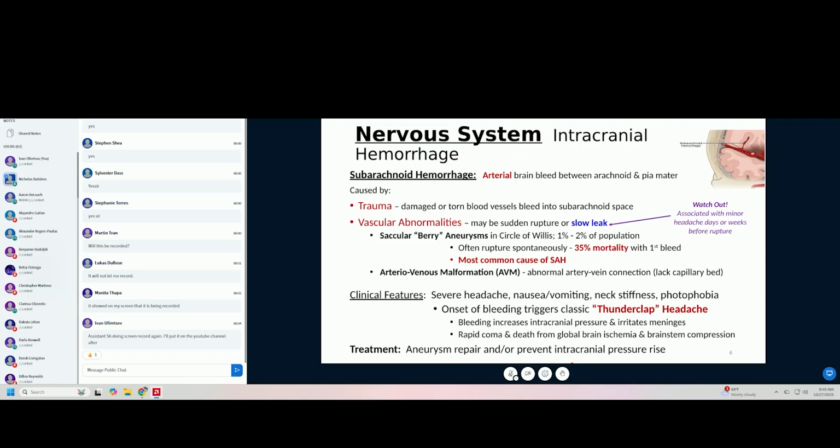If there's a little bit of bleeding that stops, that blood is still irritating, and so that can still cause a headache. Your patient may say, "Hey, I had a headache a couple of days before this actually happened." That represents what's called a sentinel bleed. It's kind of one of the early warning signs, if you will, that this could happen.